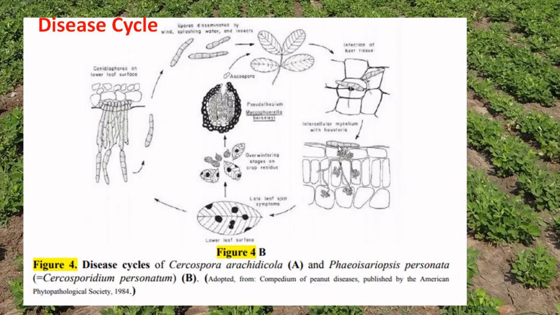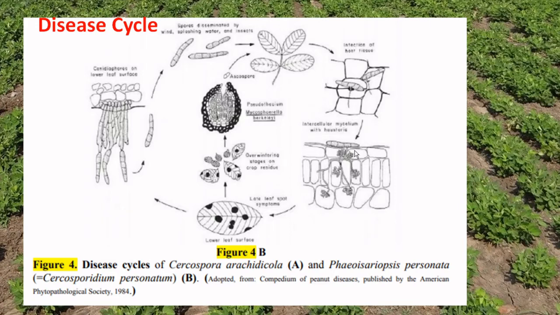What happens here? In the host tissue below the epidermis, the hypodermal region of the leaf, in the intercellular spaces, the fungus starts to produce haustoria. All of you know the function of haustoria: they are branched structures and provide more surface area for absorption of nutrients and food.